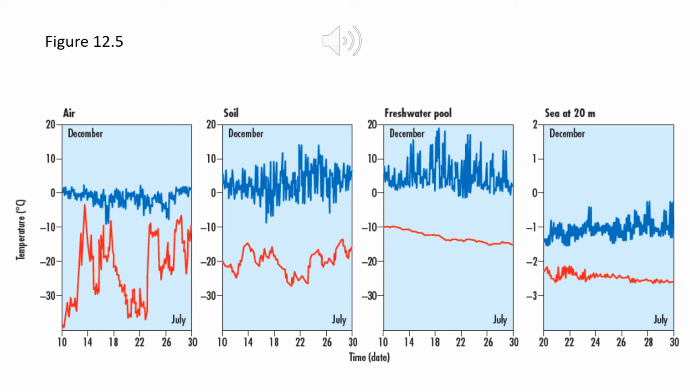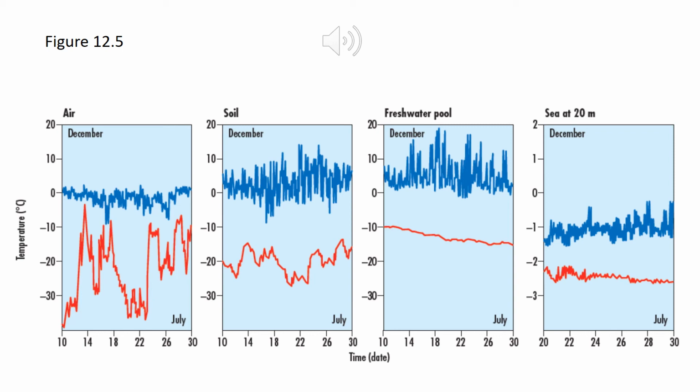You'll notice that in the winter the red line is cooled down, as you would expect, but the air temperature fluctuations are not reflected in the freshwater pool, and that's because the freshwater pool has a large body and is buffering against this high frequency of temperature fluctuation in the winter months.